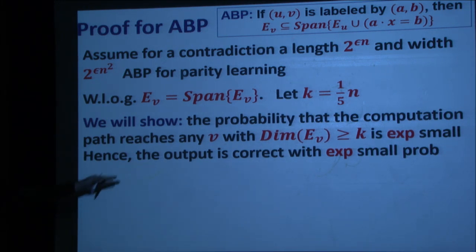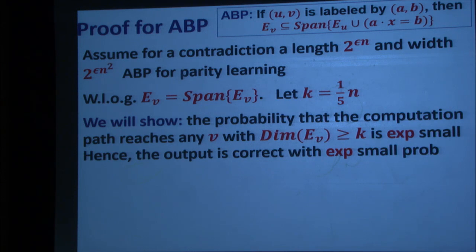And therefore we will only guess the right one with exponentially small probability. So this is what we have to show, that the probability that we reach any vertex v with large dimension is exponentially small. And this is what we will show.